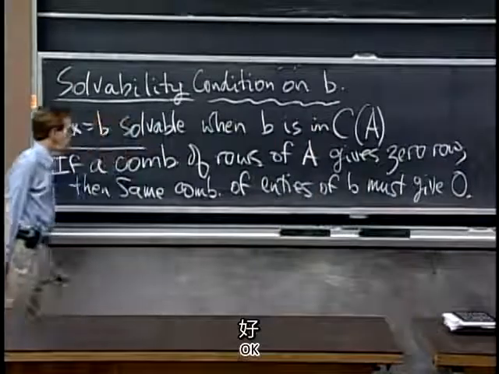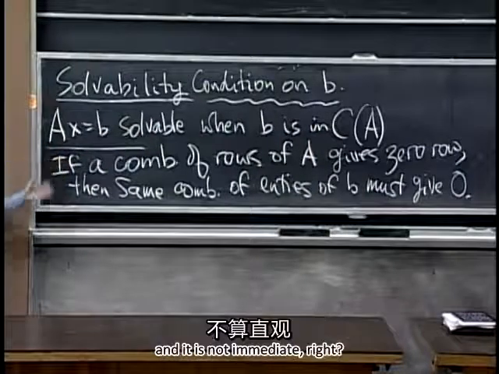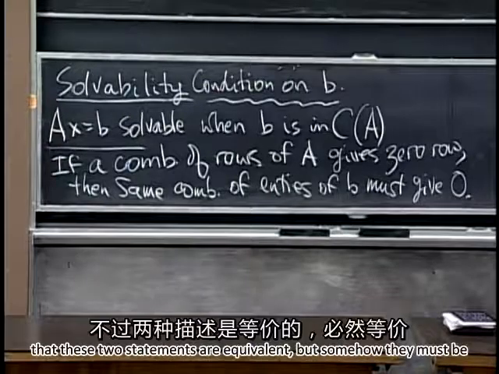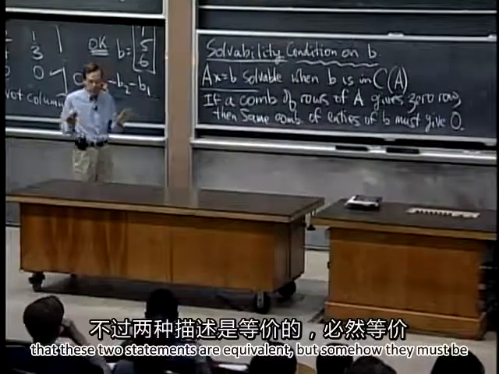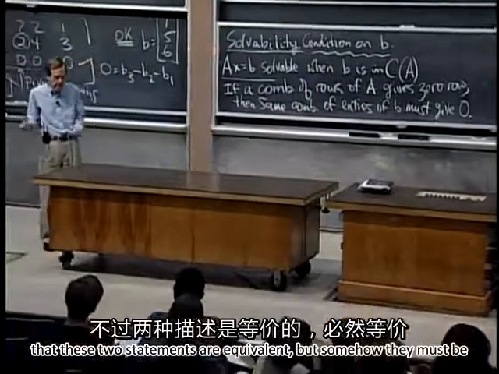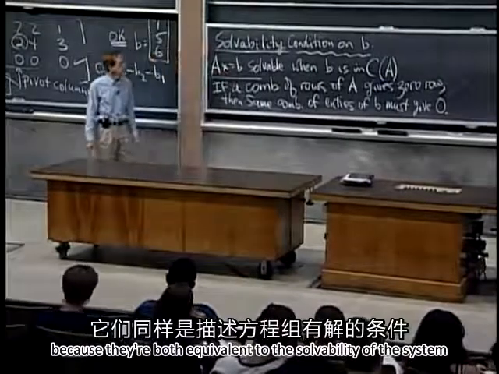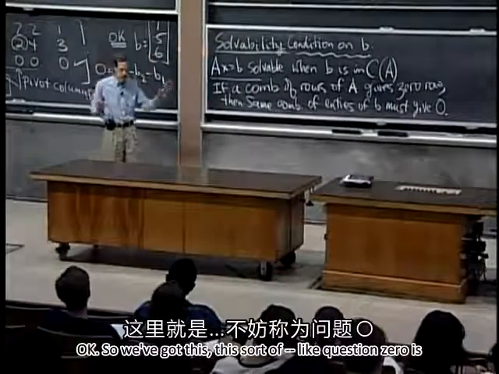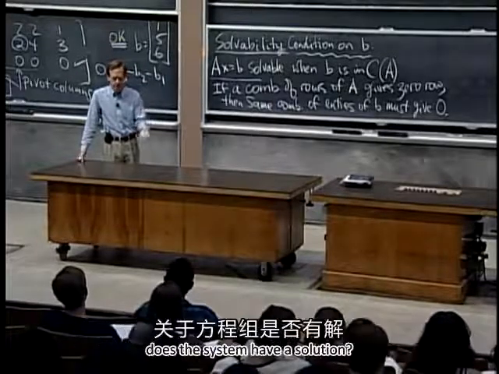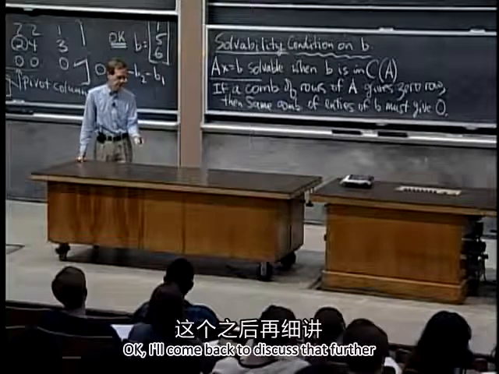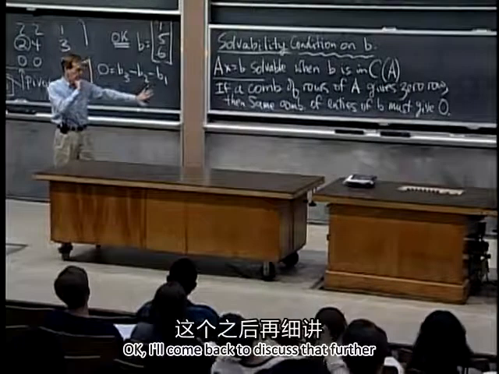This is another way of saying, and it's not immediate, right? That these two statements are equivalent. But somehow they must be, because they're both equivalent to the solvability of the system. So question 0 is, does the system have a solution? I'll come back to discuss that further.